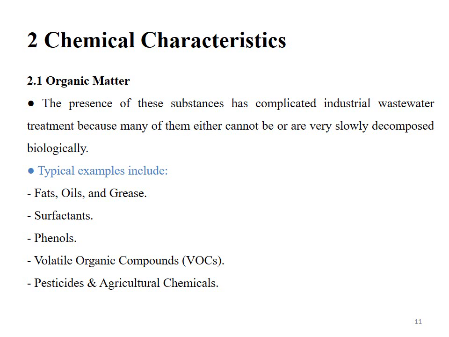The presence of this organic matter complicates industrial wastewater treatment because many of them either cannot be or are very slowly decomposed biologically. Typical examples of the organic matter which may be present in the wastewater are fats, oils, grease, surfactants, phenols, volatile organic compounds, pesticides, and other agricultural chemicals.